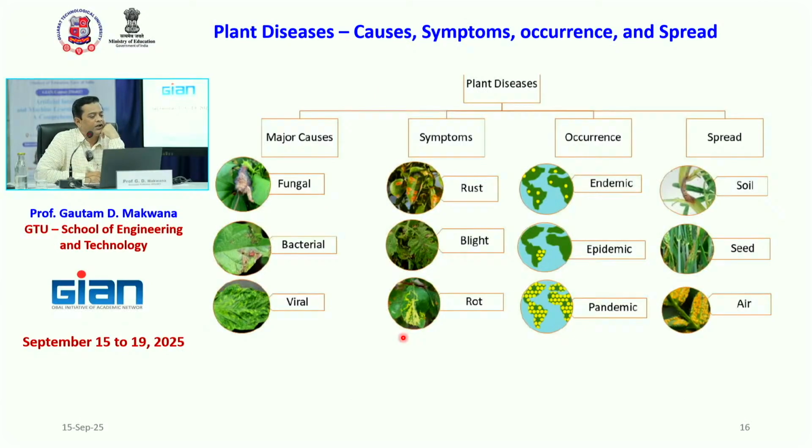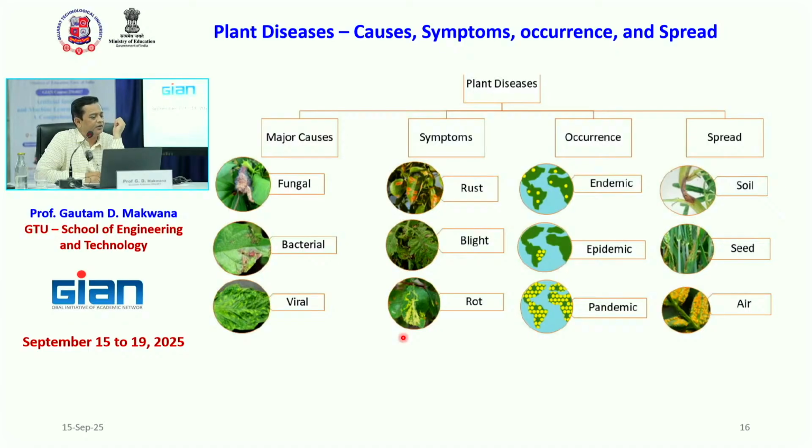Now I will just focus on plant disease here. There are many ways to identify plant disease. First we have to identify the causes of the plant disease, then we have to see the symptoms, and then we have to see the occurrence and how the disease spreads. The major causes are fungal, bacterial, and viral.